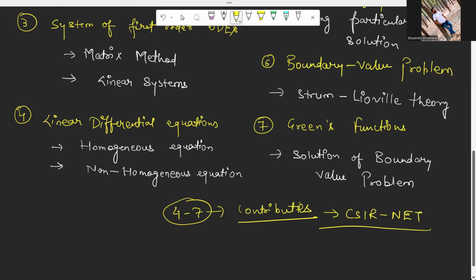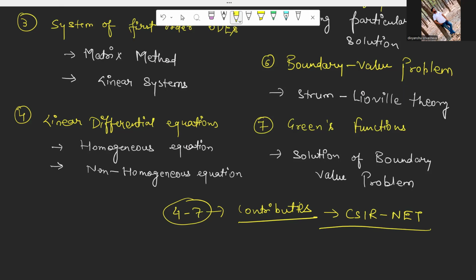Today I am going to start with the topic ODE. Some topics in ODE may be recalled for you for the next CSIR-NET exam. Today's topic is ordinary differential equation.